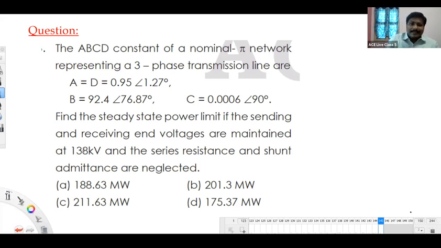Find the steady state power limit, means Pmax, if the sending end and receiving end voltages are maintained at 138 kV, and the series resistance and shunt admittances are neglected.